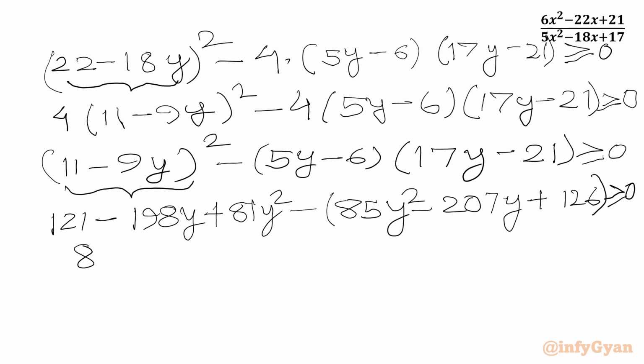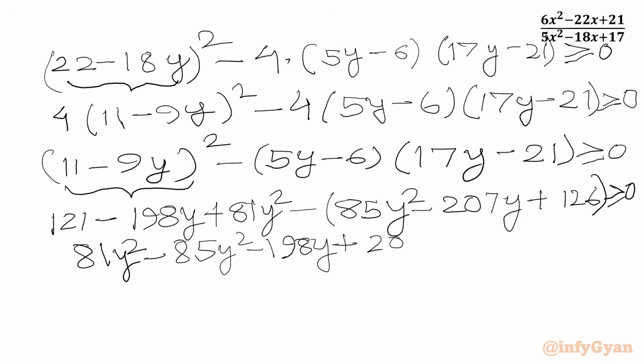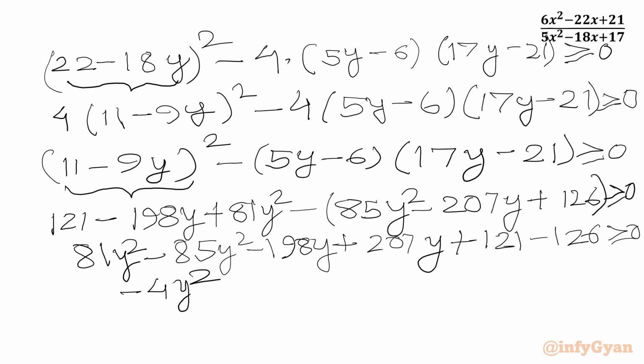Or we will write 81y² − 85y² − 198y + 207y, then plus 121 and minus 126, greater than or equal to 0. 81 − 85 is −4, so we will write −4y² − 198y + 207y, we will get +9y, and 121 − 126 is −5, greater than or equal to 0.